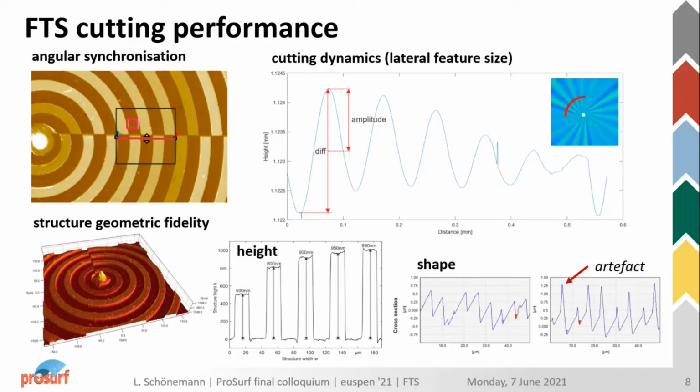You can see here these two graphs on the bottom right of this slide are the shape of the mold used before replicating this into a plastic part, and then having that same feature measured after replication. You can see there are a couple of artifacts that are the result of the molding process and the structured geometry that we wanted to achieve.